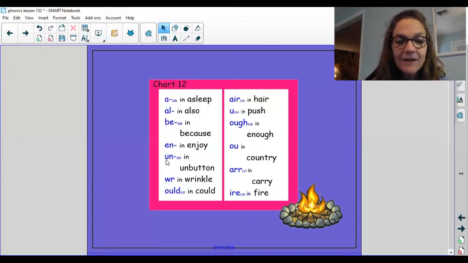WR in wrinkle, OULD in could, AIR in hair, U in push, OUGH in enough, OU in country, ARR in carry, and IRE in fire.